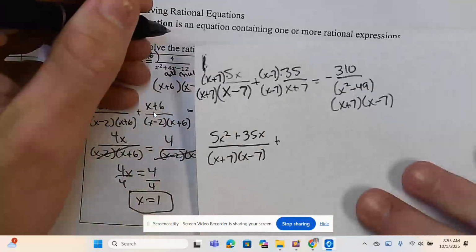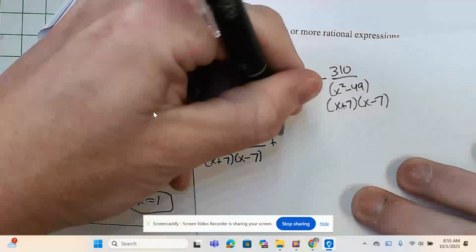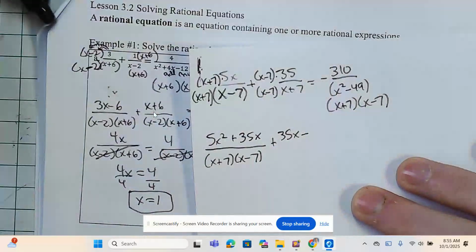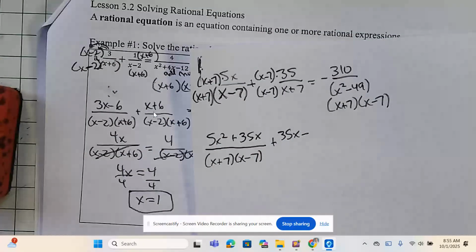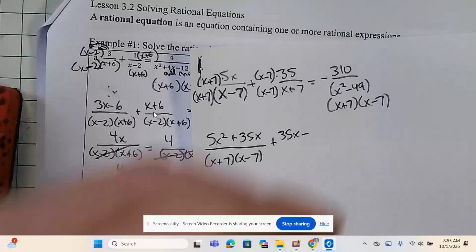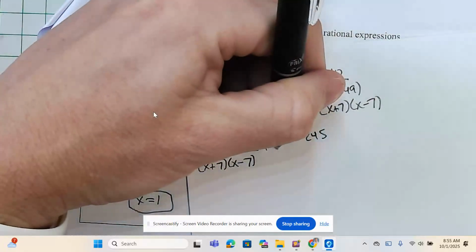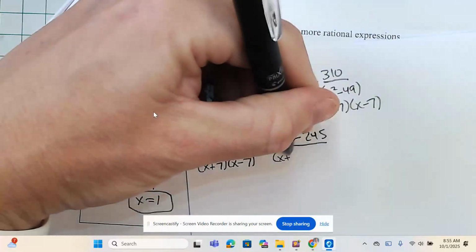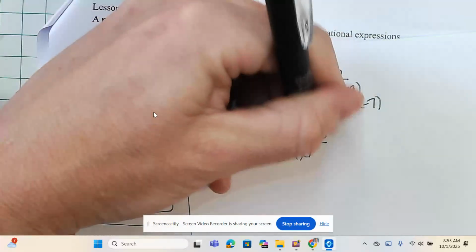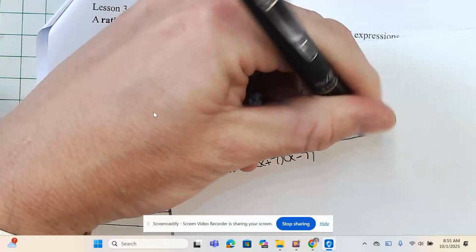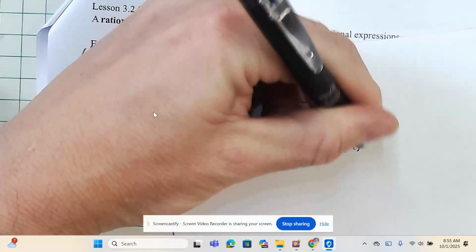And then 35x minus 35 times 7. 35 times 7, 245. X plus 7, x minus 7 equals negative 310, x plus 7, x minus 7.